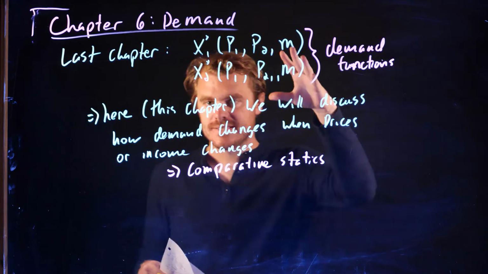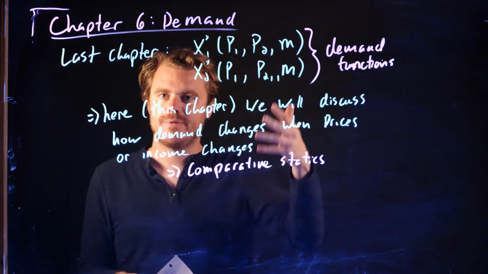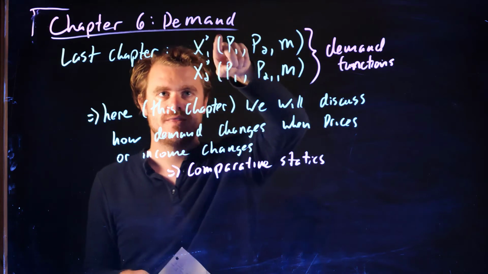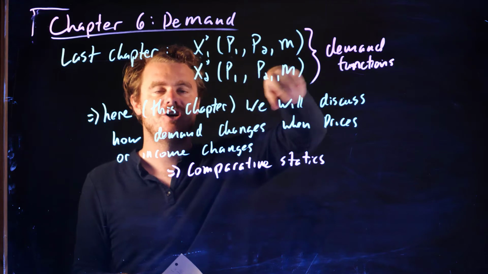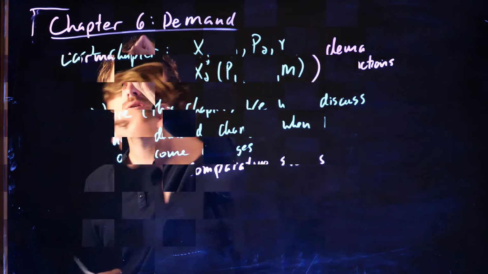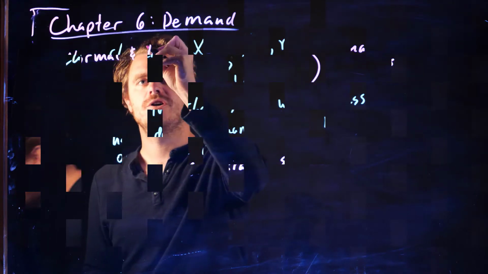All right, so let's erase this board and then talk about this relationship between the optimal quantity of each good and income, and inferior goods.